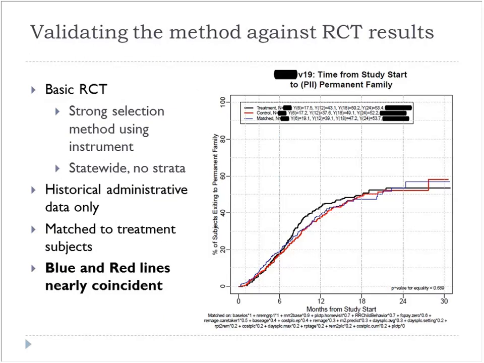Okay, so the first example, this was an evaluation of the method. And for this, I'm going to use what are called survival charts, but it's pretty simple to read. I've put a pointer here on the y-axis, where the y-axis is showing the percentage of subjects that are exiting to a permanent family.